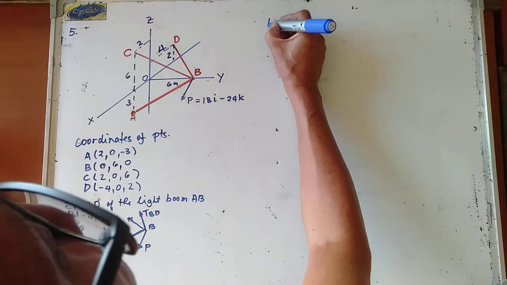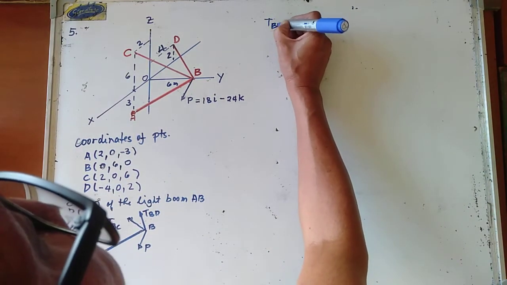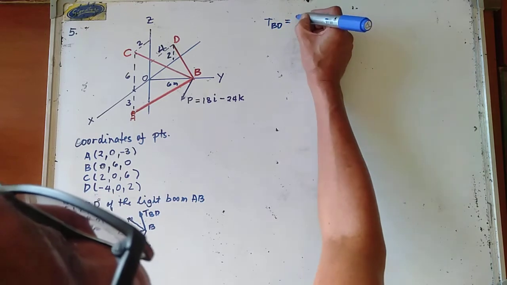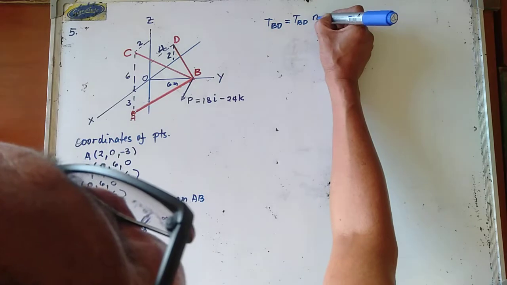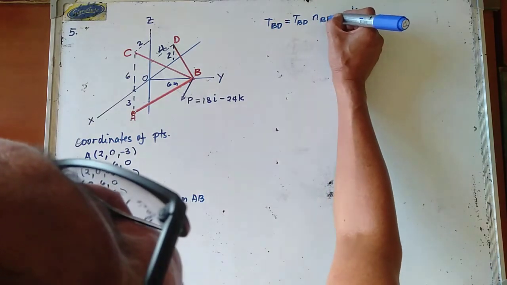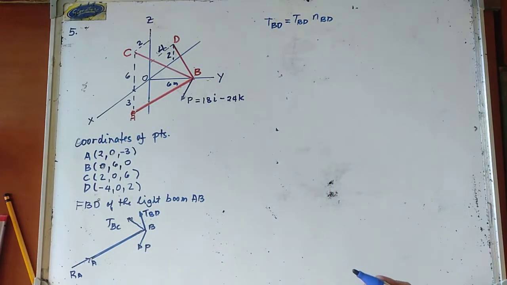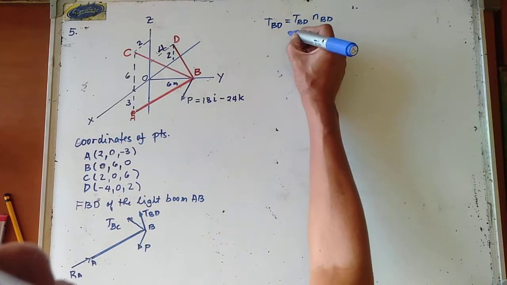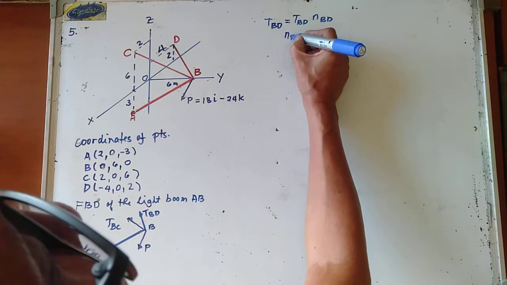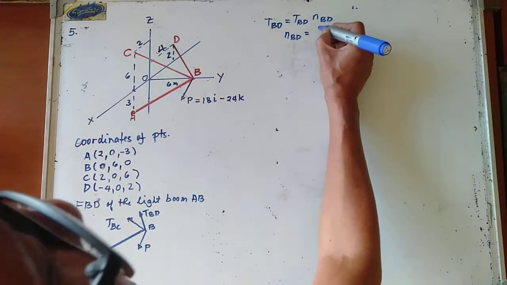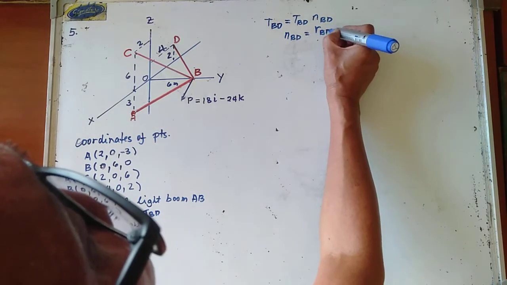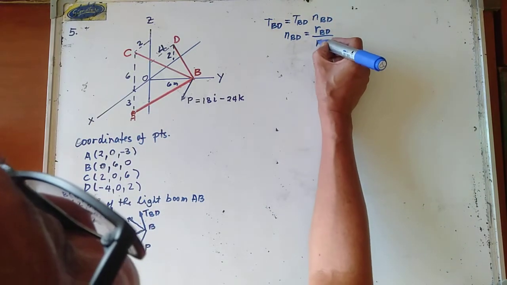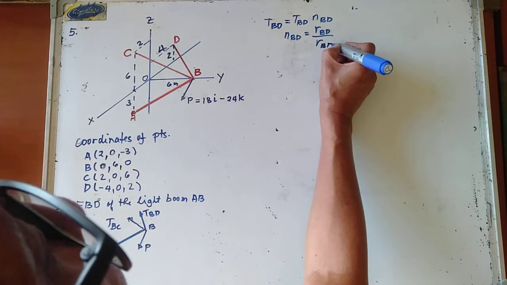So, for TBD in Cartesian vector form is its magnitude multiplied by a unit vector in the direction BD. So we have again your unit vector BD is the position vector from point B to point D all over its magnitude.